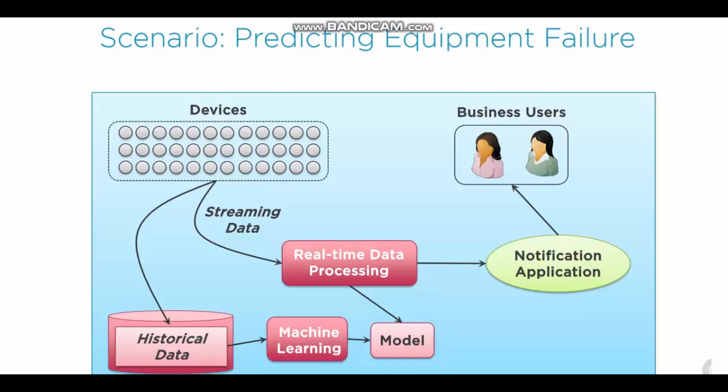How is this happening? Here also this real-time data processing application is using a model, and this model has a pattern based on the historical data obtained from these appliances. If this model recognizes any discrepancy between the real-time data and the historical data, it will generate an alert saying that this is an appliance which is going to fail, and the business user will get to know from the alert and perform proactive maintenance, saving a lot of resources.